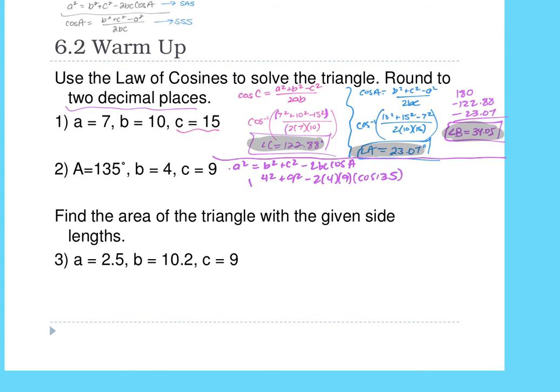That equals a squared, so I'm going to square root that whole thing. And you could do that all in one step, or you could find what's under it and then square root the answer. It doesn't matter. Just be careful typing that in. I get A is 12.16.